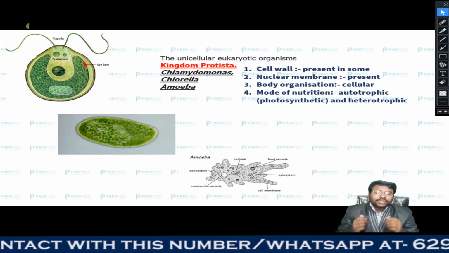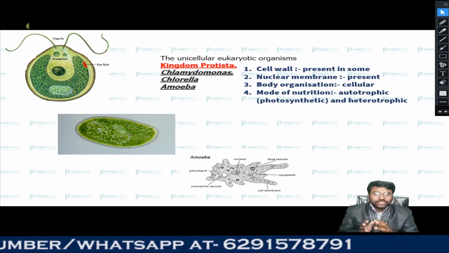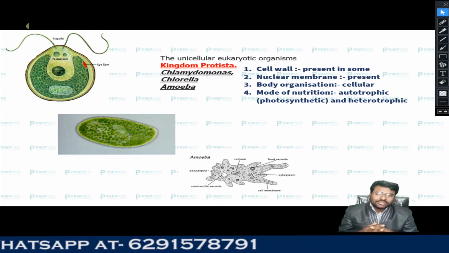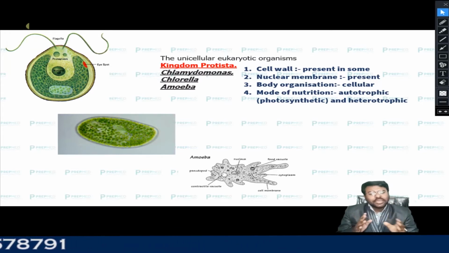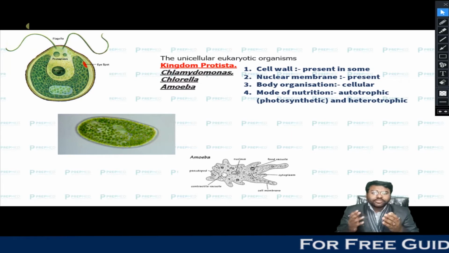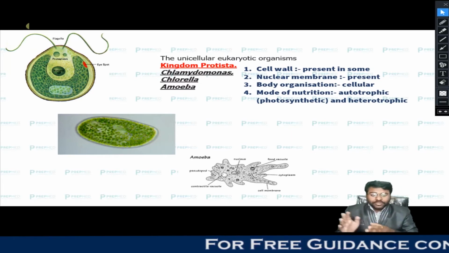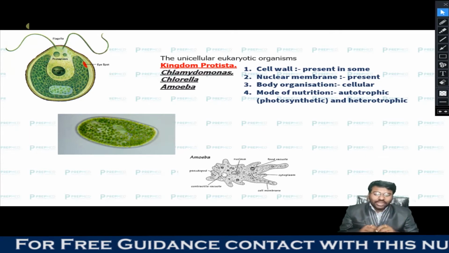The nuclear membrane is always present. What is the body organization type? This is the cellular type of body organization. And what is the mode of nutrition? This is autotrophic and sometimes heterotrophic. These are the 4 classical important points regarding the Kingdom Protista. When these 3 images come in your paper, you have to remember this whole slide.